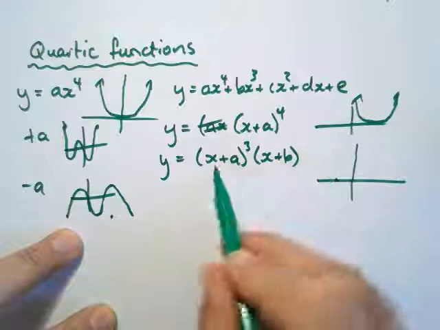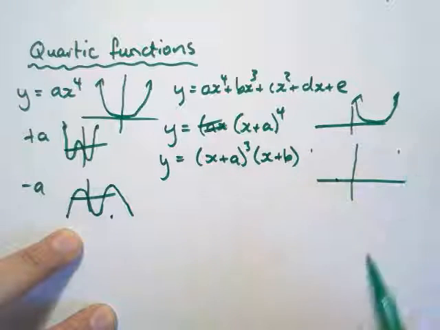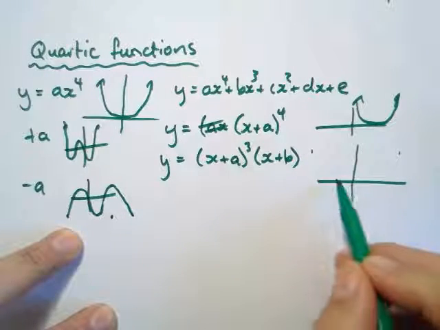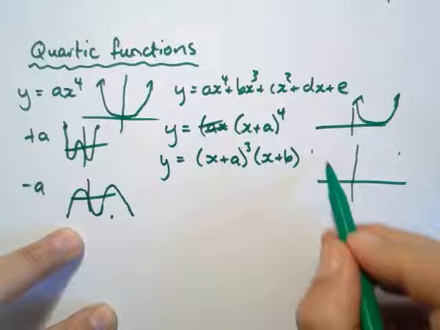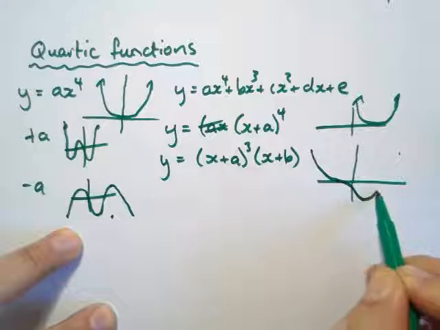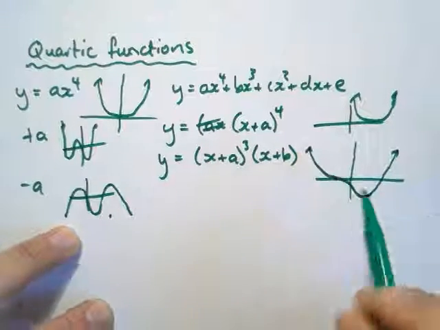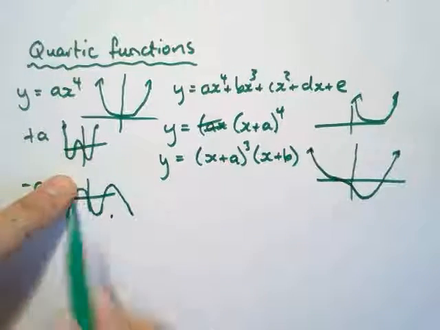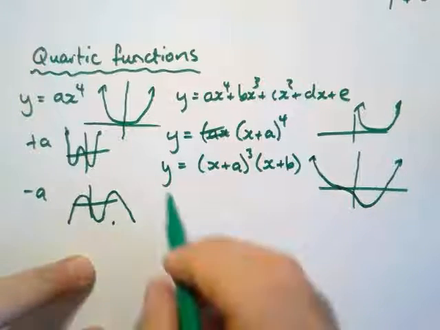So it's going to start and finish up there. One of the points, and I'm just going to assume the first one, is going to be a point of inflection, and that one is going to go up. So you can see it's still this W shape, but the one side is just the point of inflection.